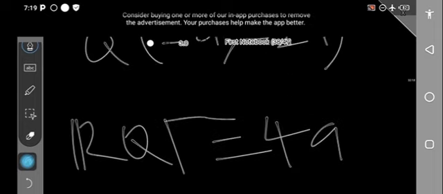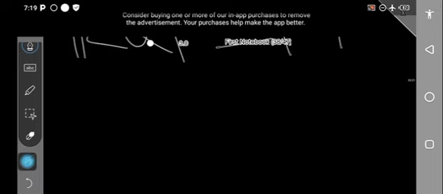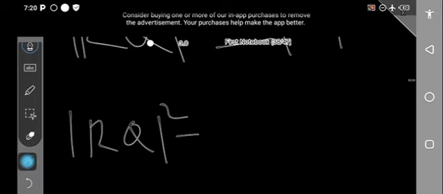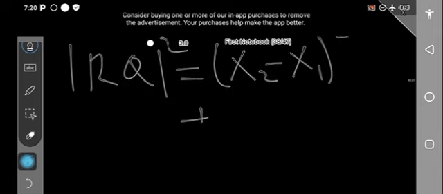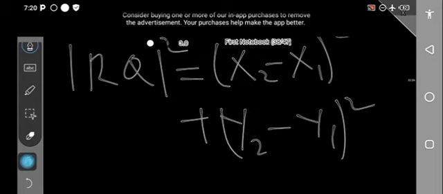So by the distance formula, we know that RQ squared equals (x2 minus x1) squared plus (y2 minus y1) squared.